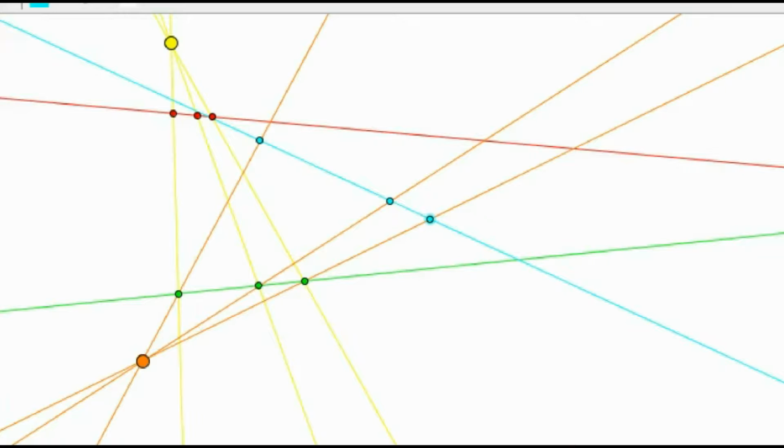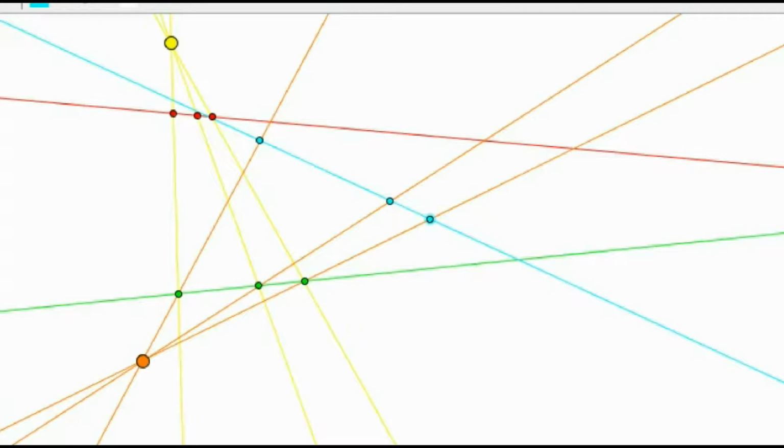So for example, in this picture we have these three red points, and it's clear that by doing a perspective centered at a yellow point, there's a perspective between these three red points and the three green points.